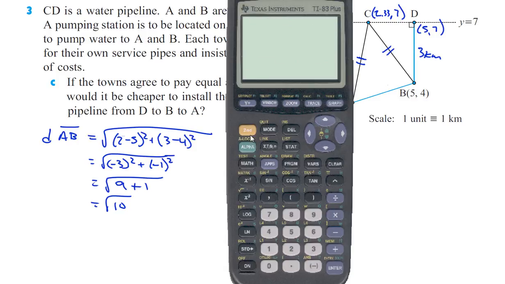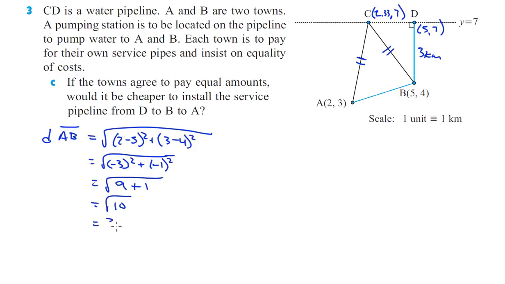So let's find the exact value of the square root of 10. 3.16 kilometers. So that's a grand total of 3.16 plus 3, which gives us 6.16 kilometers.